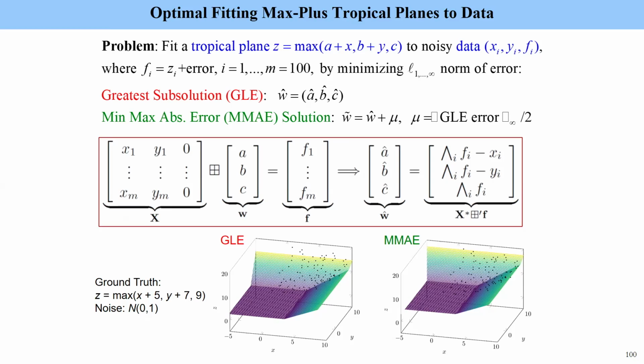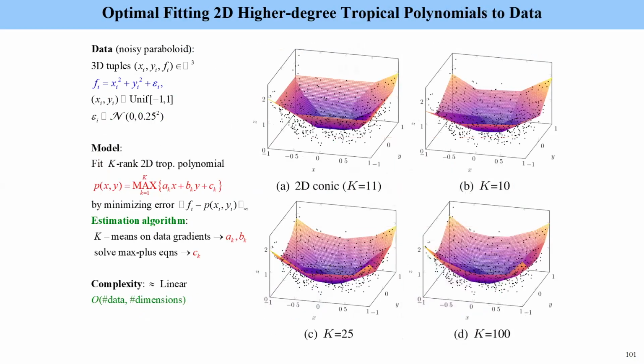All this assumes, of course, that you know the degree of the polynomials that you're going to use. If you don't know the degree of the polynomials that you're going to use, then you're a little bit in the open. And one heuristic approach we have come up with is to do a k-means on the slope of the gradient of the data you're given, and use these centroids from k-means as the possible slopes only, and the number k of the centroids as the rank of the tropical function, and then solve again using this system of max plus equations.